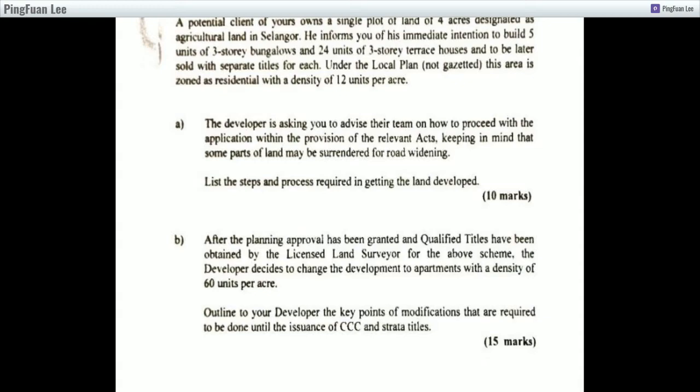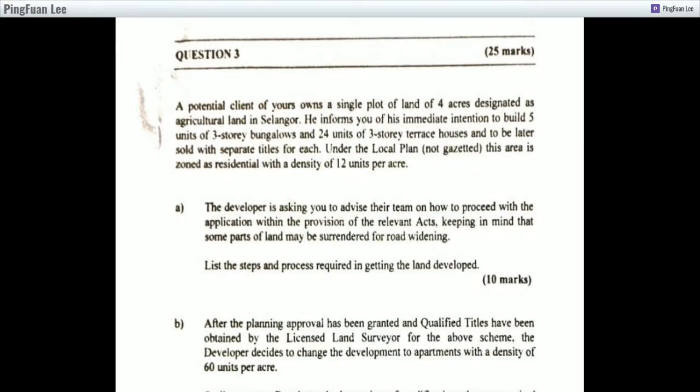Then OIC plus, plan matters: planning, building, engineering, external department. Then once you get everything approved, land matters, I will use 124A because it's just one piece of land. Then I will stop at Form B for question A.